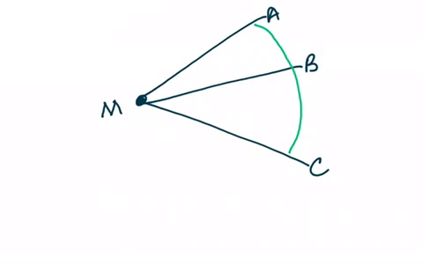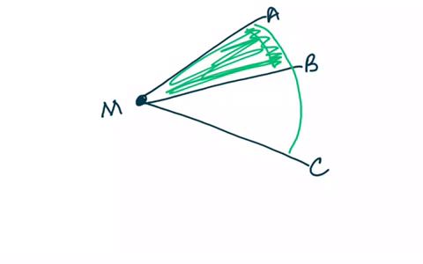If I want to call just this part, just this little angle right there, I can call it angle AMB, and I'll put the angle sign there, or I can call it angle BMA.